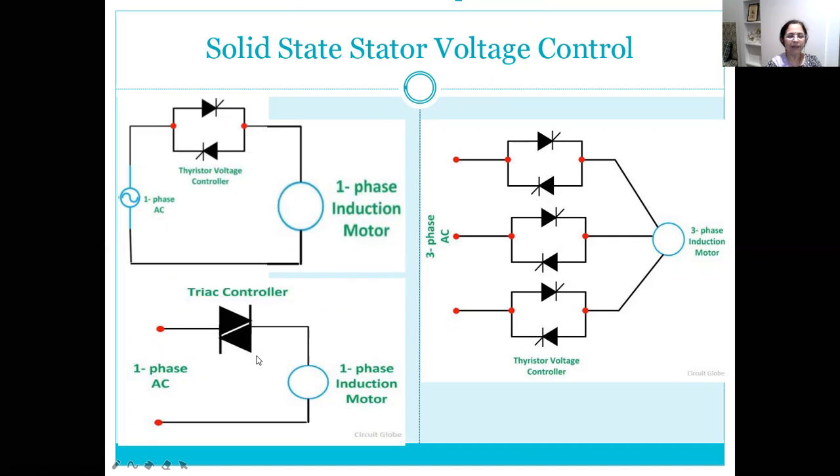For low power applications, we can also use triac controller, where same type of variable AC can be generated, where only magnitude of AC voltage will be varied, and this is called variable voltage constant frequency variation, because input supply frequency will remain same, only magnitude varies, so it can be used as stator voltage control. For three-phase induction motors, three-phase regulators can be used, and so using static controllers we can achieve stator voltage control, which is discussed earlier.